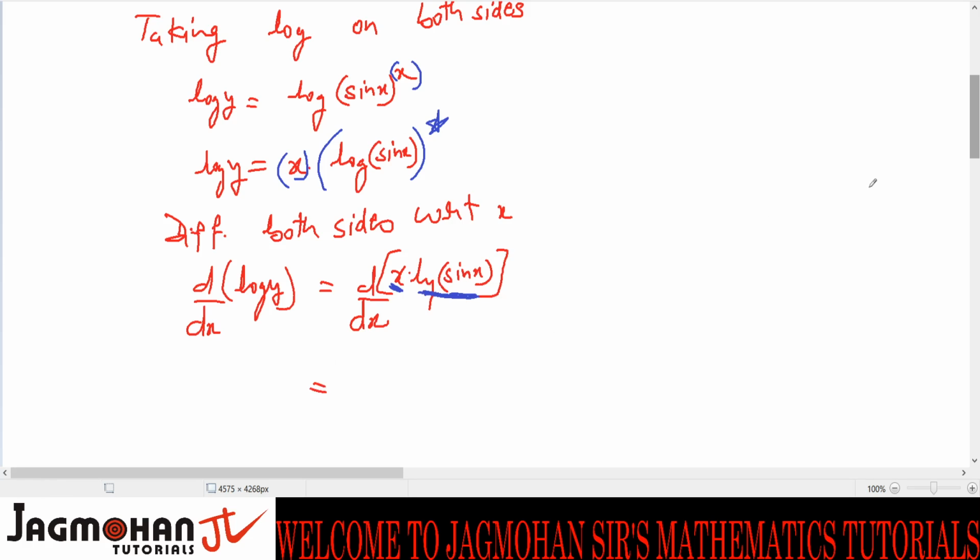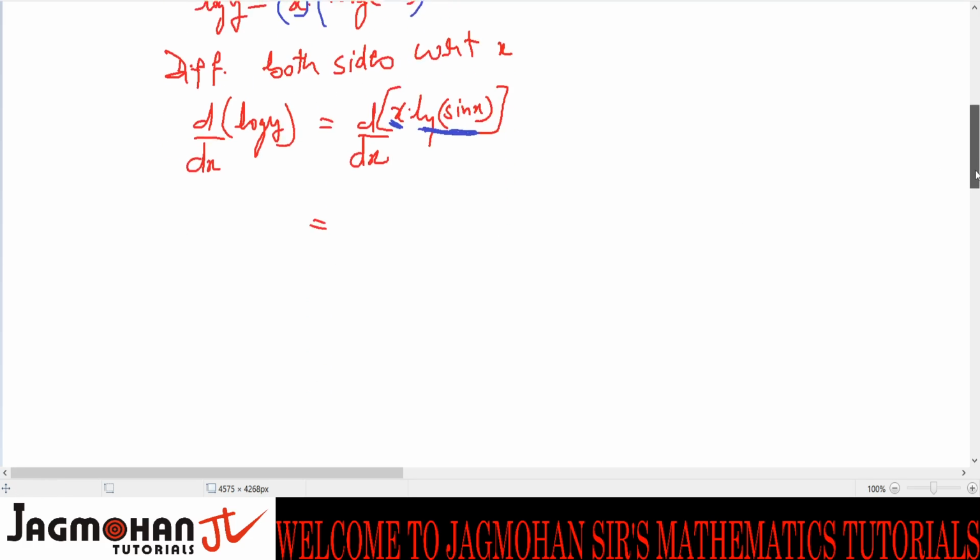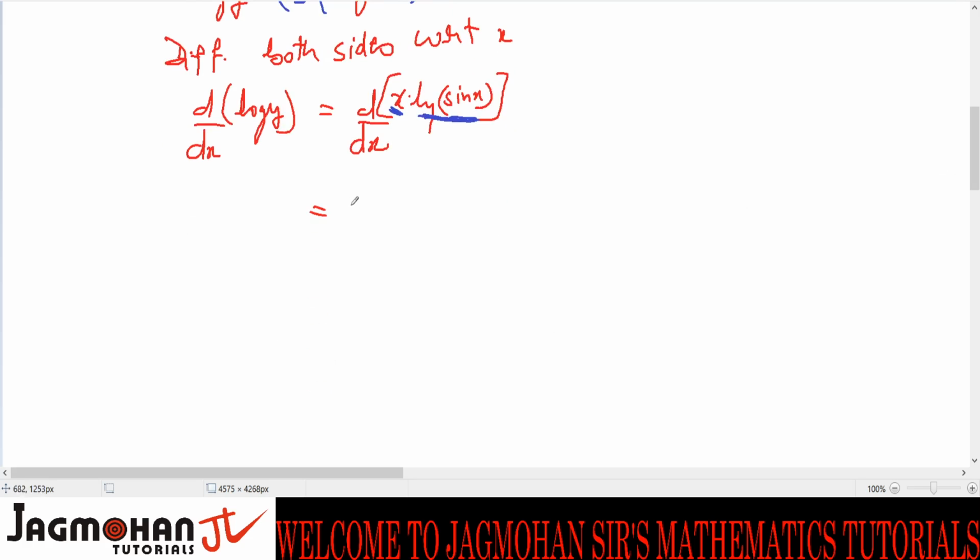So the right hand side I will get x into d by dx of log sine x plus log of sine x into d by dx of x. This will get me here x, derivative of log sine x.